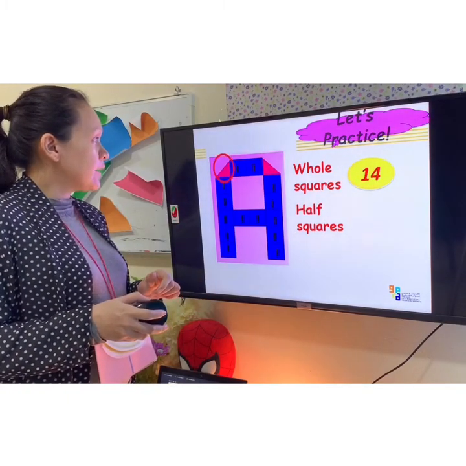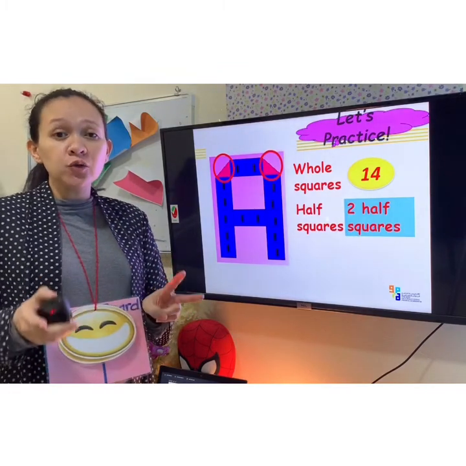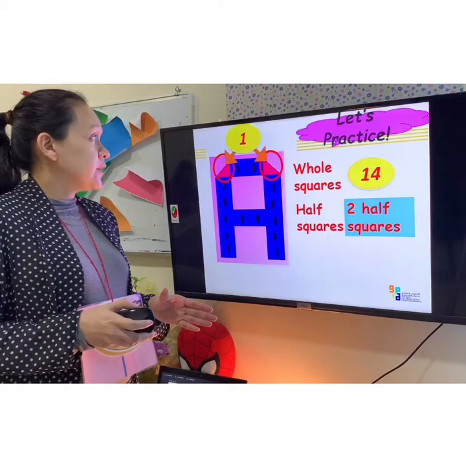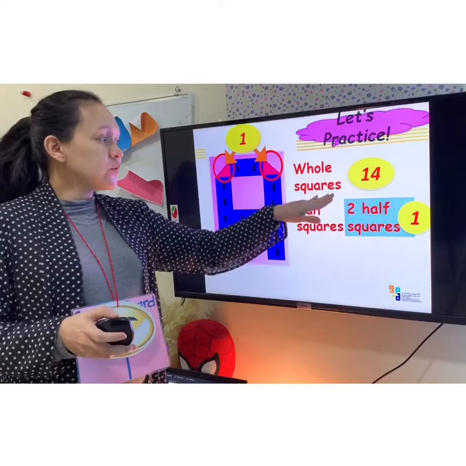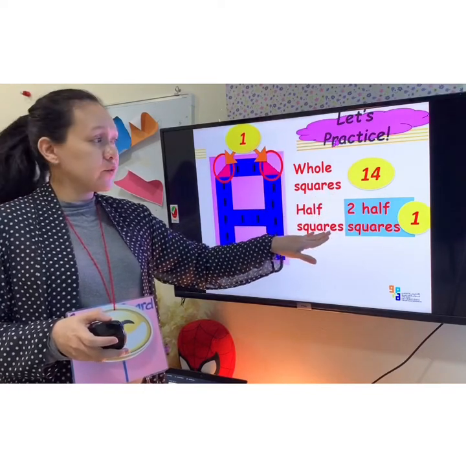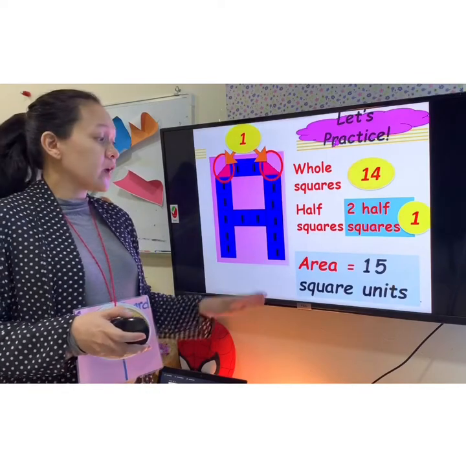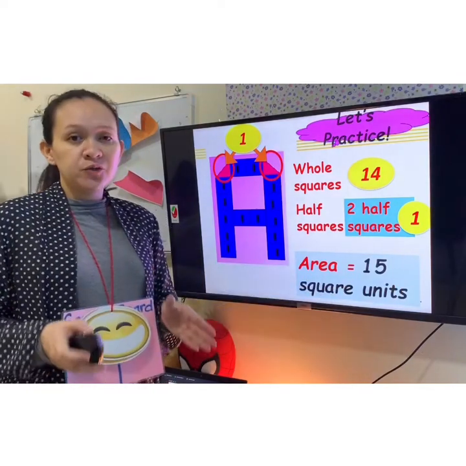So 1 and 2. So remember, if there are 2 halves, or 2 half squares, it is equivalent to 1. So we are going to put here 1. Now you're going to add whole squares and half squares. So 14 plus 1, this is equivalent to 15. So the area of this figure is 15 square units.